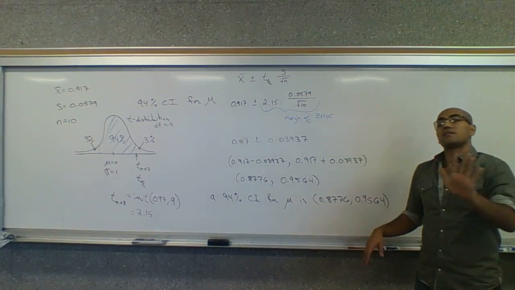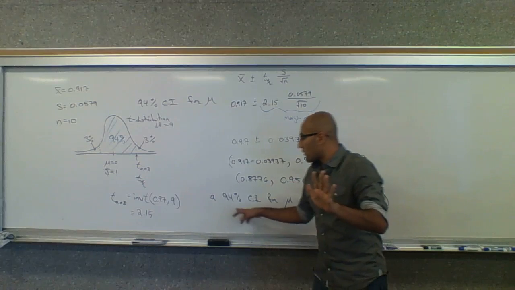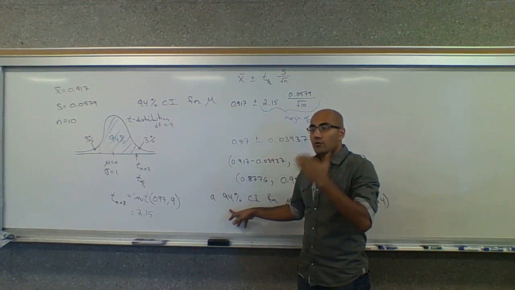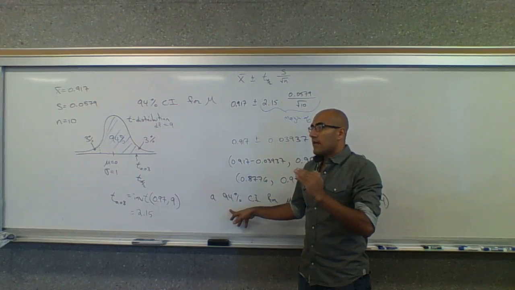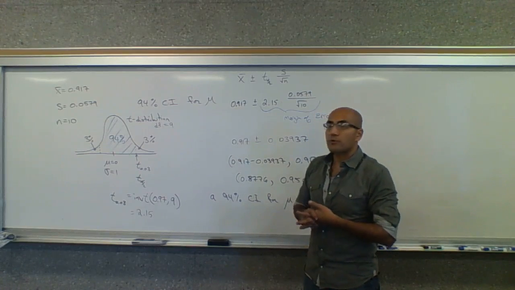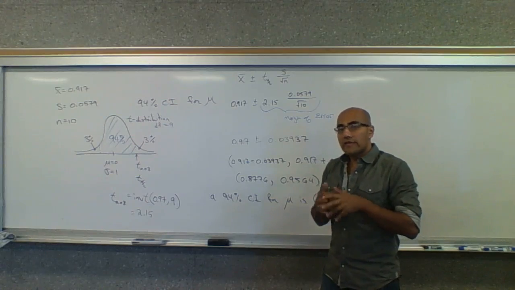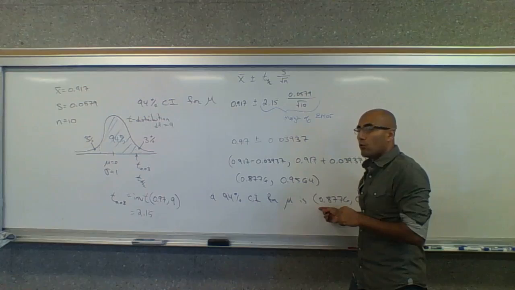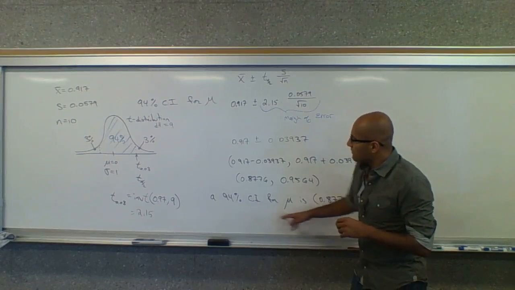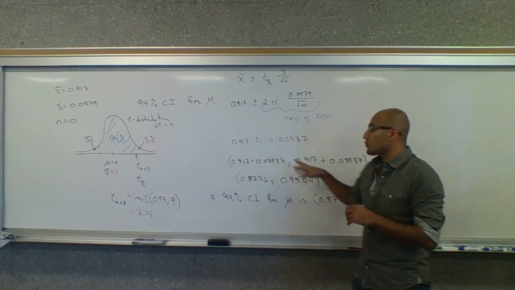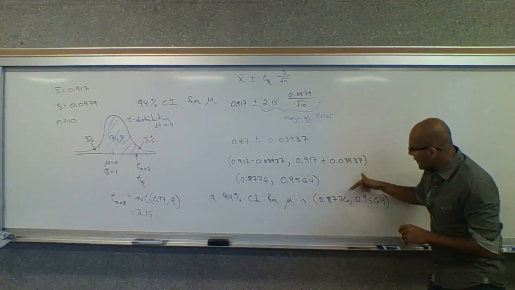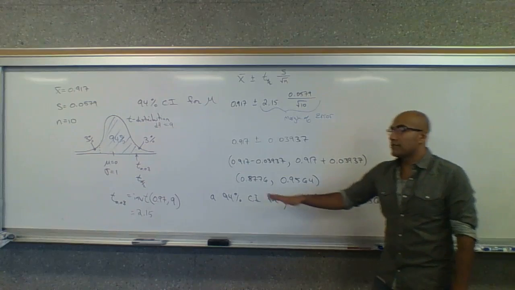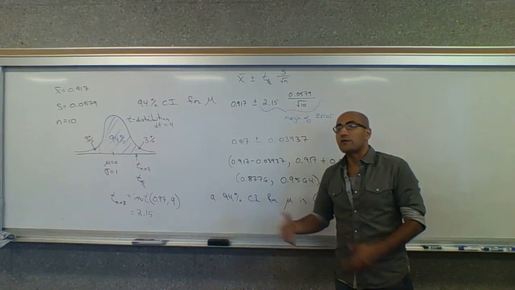If I asked 100 people to go out and take their own samples, then create a 95% confidence interval, I would get 100 different intervals because they will all have their own sample information. I would expect that about 95 out of those 100 intervals will actually include the real population mean, whereas 5 of those intervals will fail to include it.